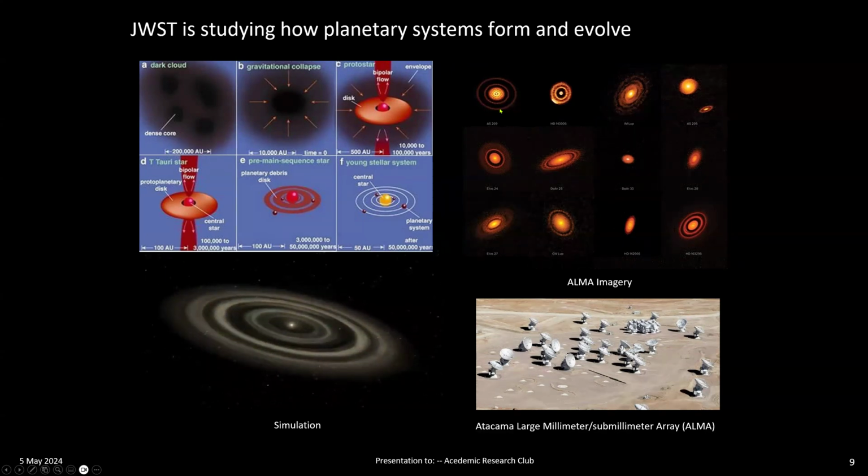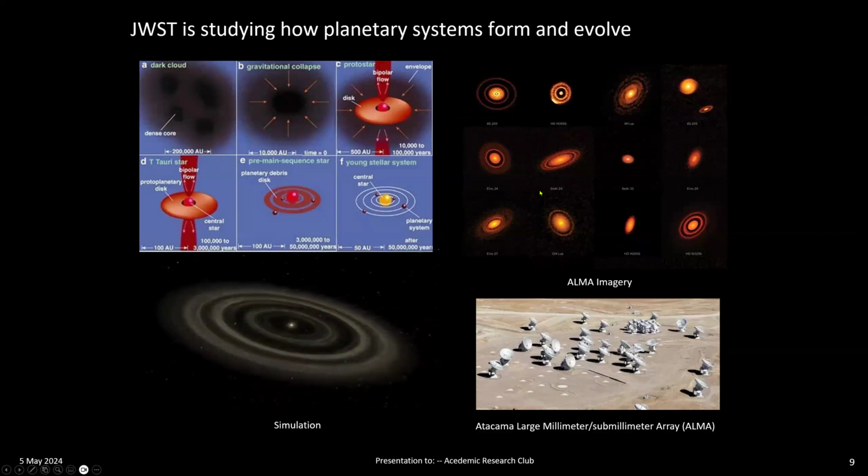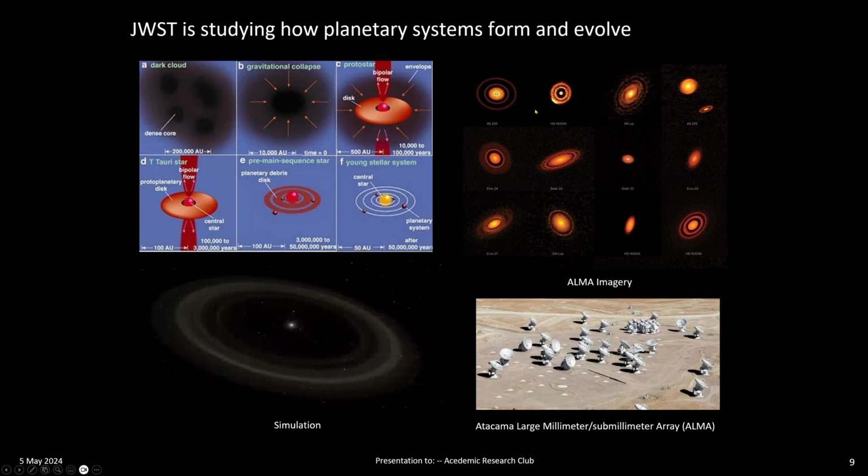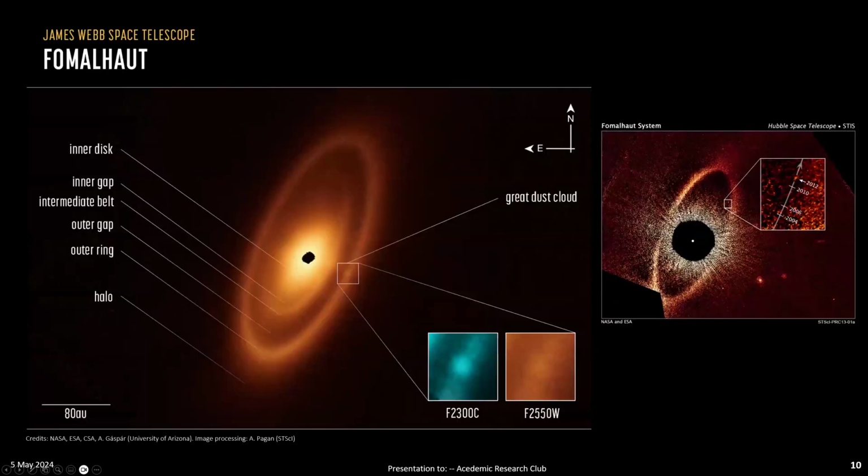And so one can see with this type of imagery, we can actually infer the presence of planets, exoplanets, orbiting stars other than our own, without actually having to see the planets themselves. And the Webb telescope is doing a lot of this work.